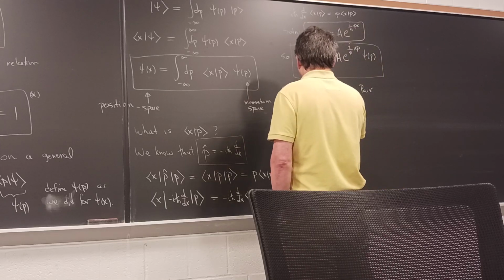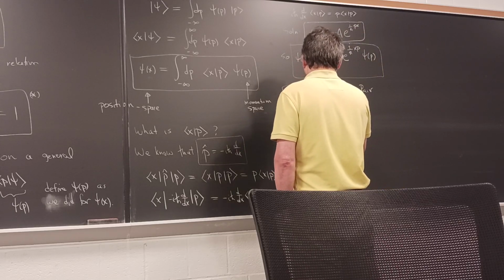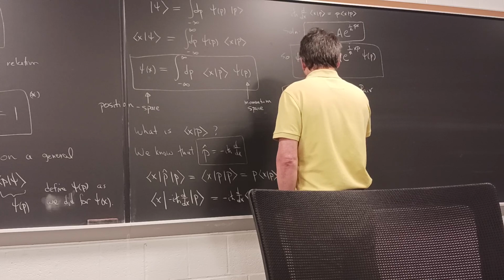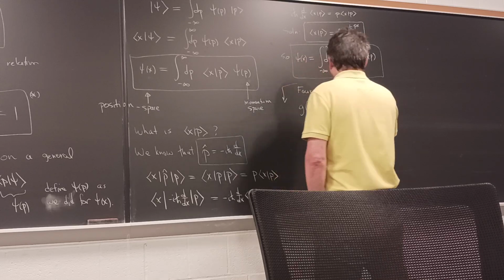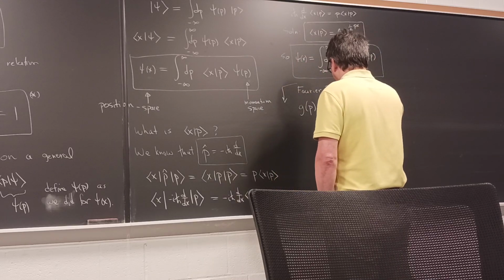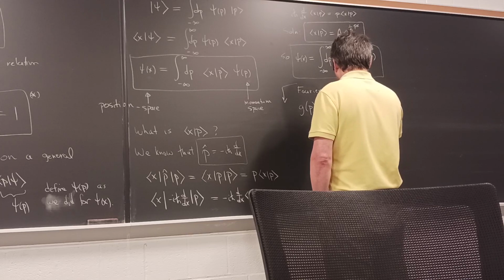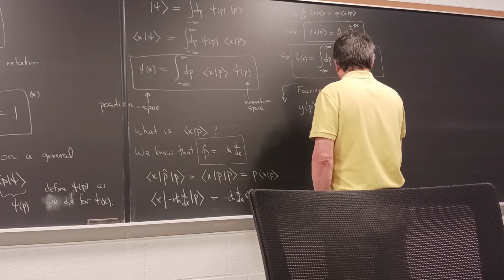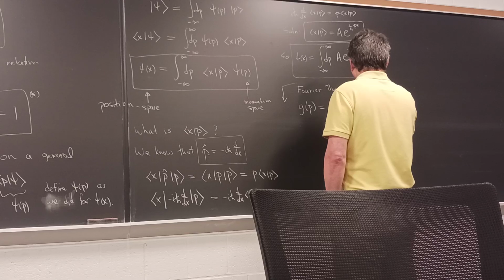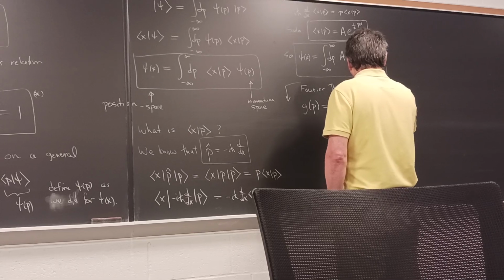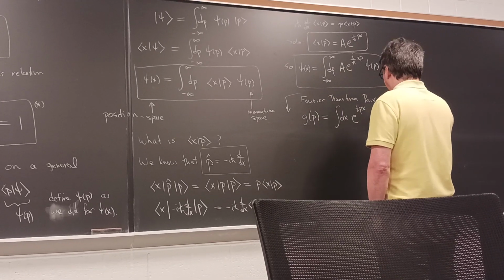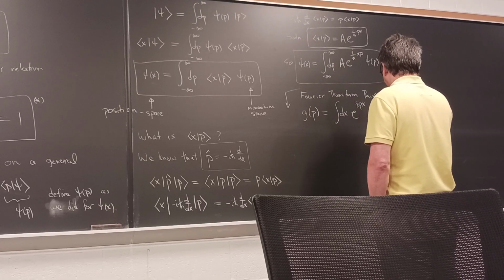So let's use g of p is equal to the integral over dx of e to the i p x times f of x.